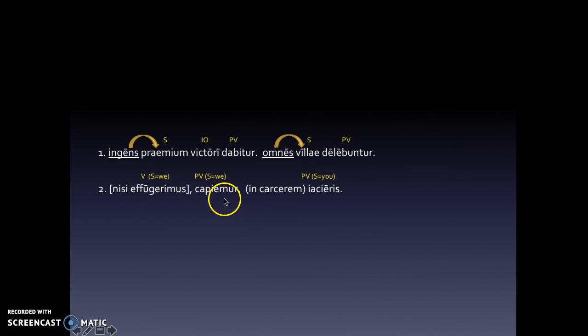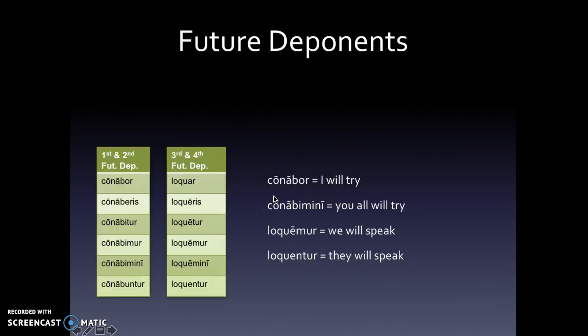Capiemur is a passive verb. So just as a reminder, I put a P here. Again, no nominative, but we know from the mur that the subject is we. Iacieris, same thing, passive verb, no nominative, but we know that the subject is you. So unless we flee, we will be captured. You will be thrown in prison.